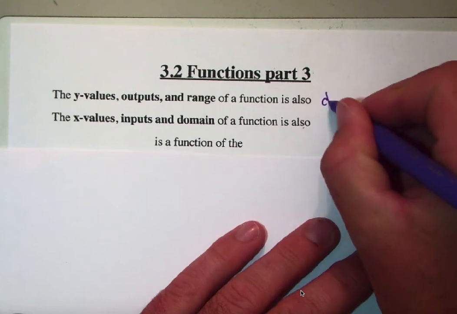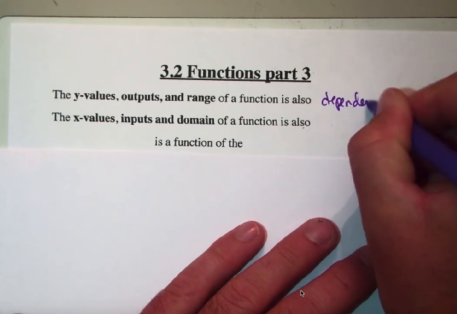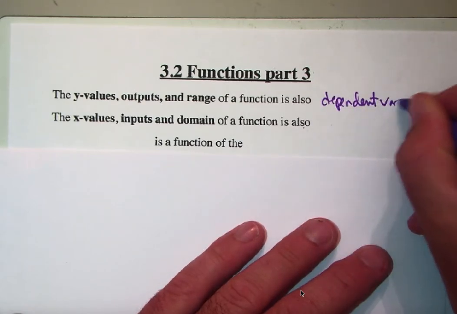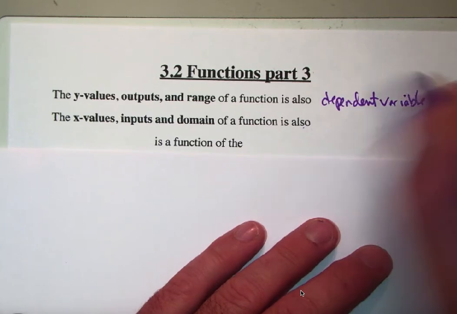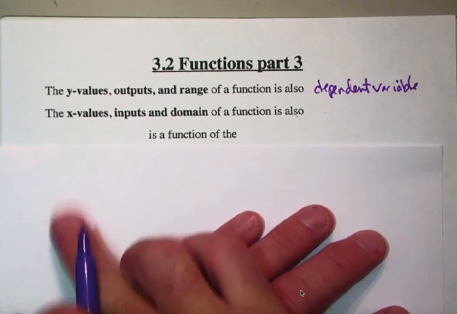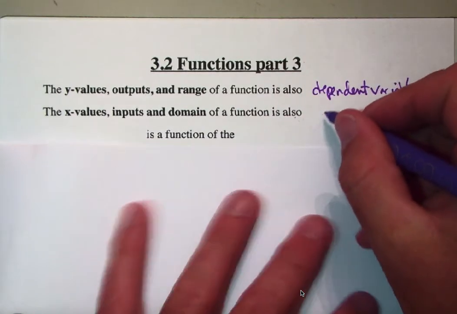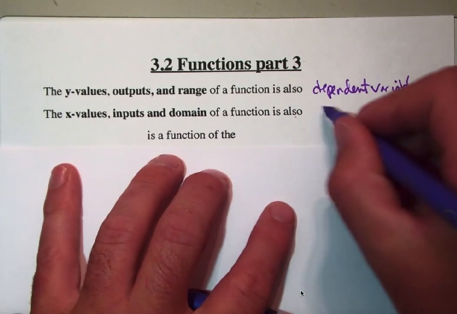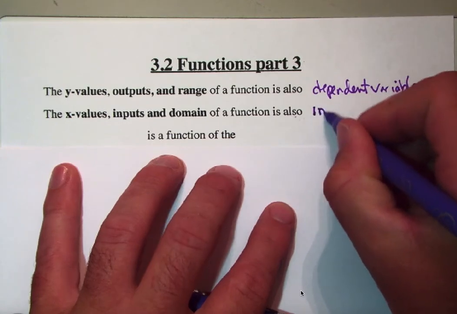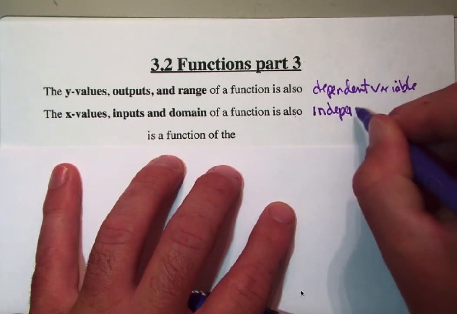It's also called the dependent variable. And the x values, the inputs, and the domain of a function is also called the independent variable.